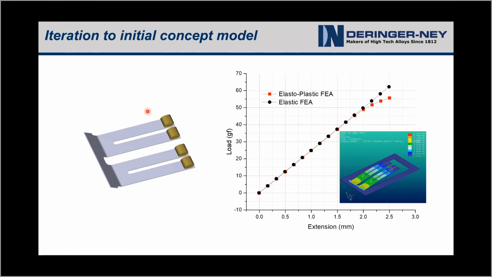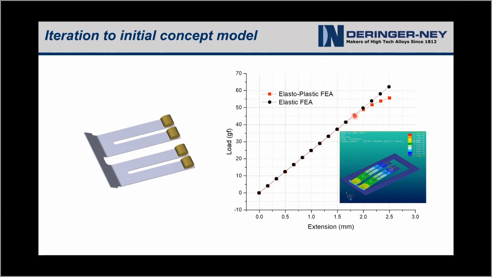Once we model it, these days transitioning to a finite element analysis is the next natural step. We look at this contact, and we modeled it in two ways over a very large range of deflections, from 0 up to about 2.5 millimeters.